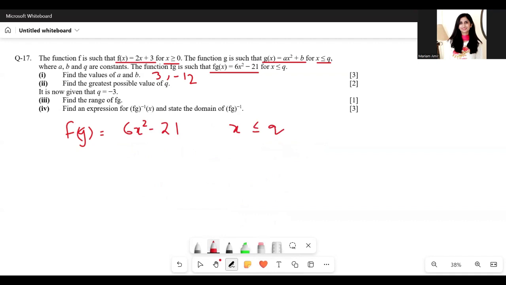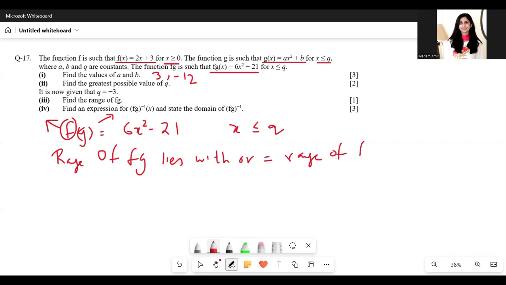We know that the domain of fg is equal to, or lies within, the domain of g, and the range of fg lies within, or is equal to, the range of f.